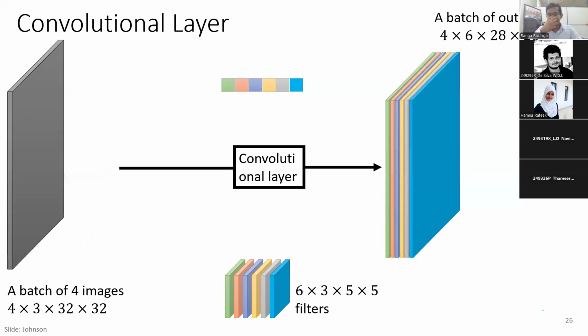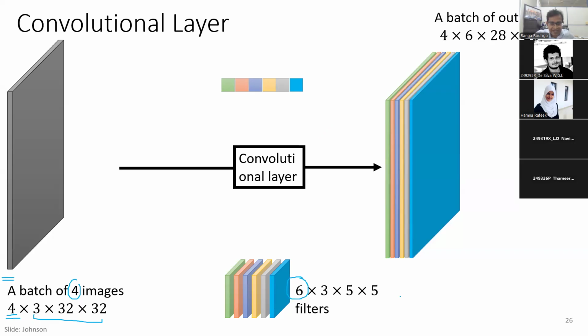Okay, now let's consider 4 images. Not only a 3 by 32 by 32 color image, but a batch of 4 images. Each image is convolved with 6 filters. You can see the 6 filters here. We have one image here, the first image.